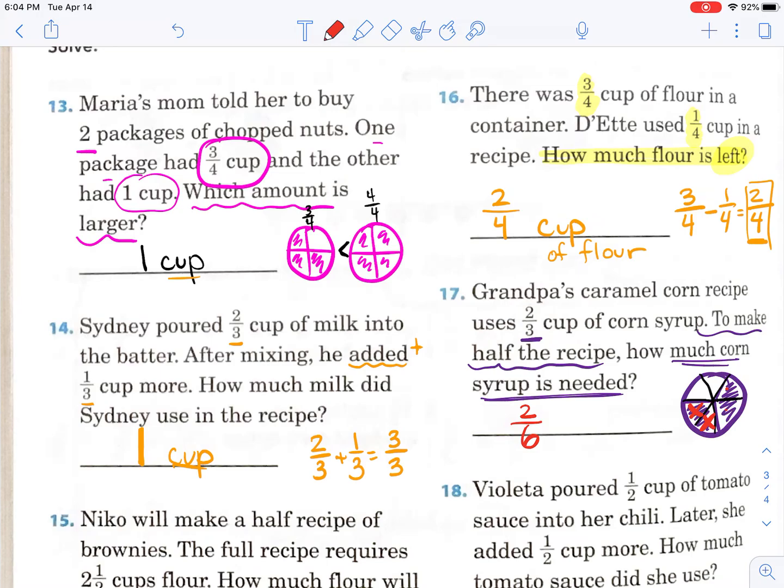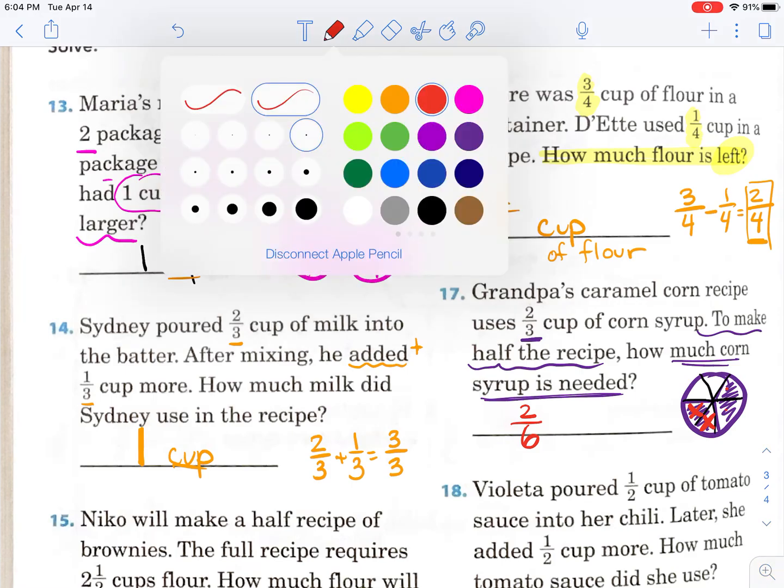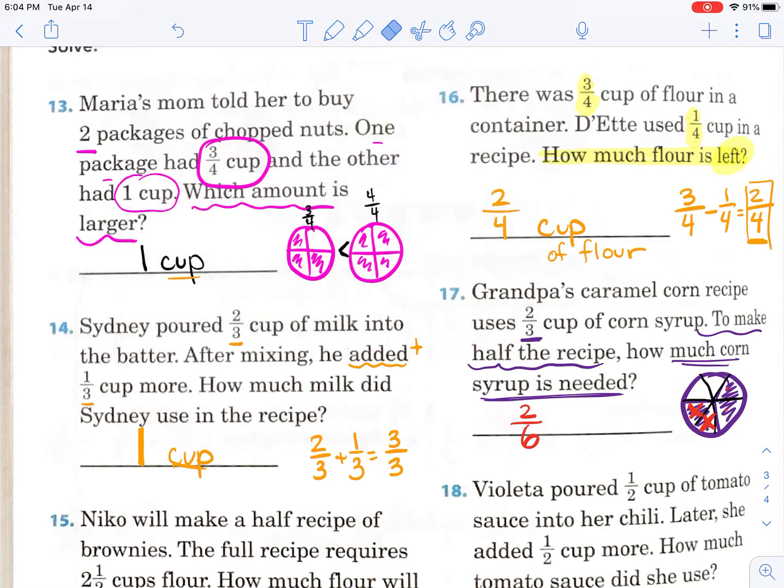Boys and girls, I just made that harder on you. Forgive me. I just realized from the other page, we didn't have to divide that into 6. I'm going to erase that. I just made that one step harder. It's still the right answer, but you can take away. If I have thirds, can I just do this? Can I take away one of those?